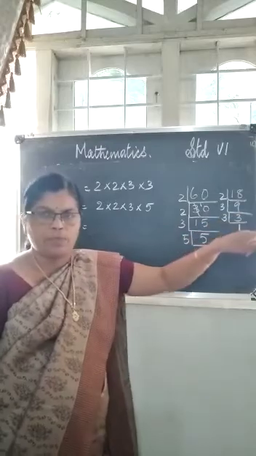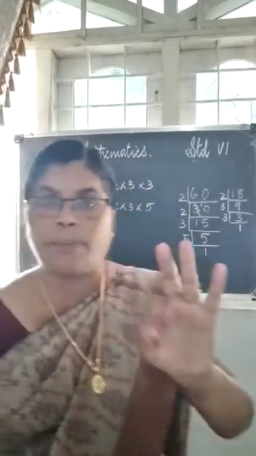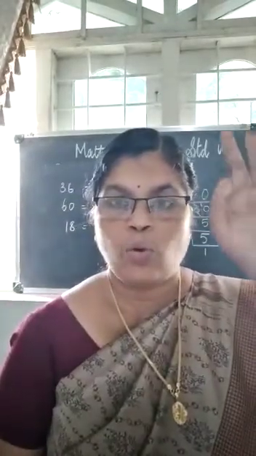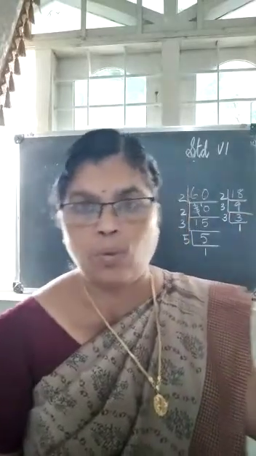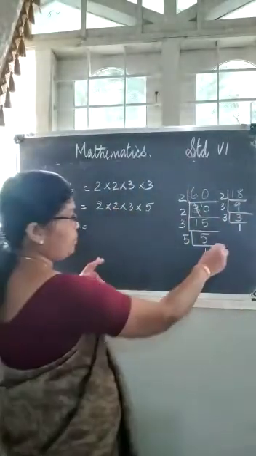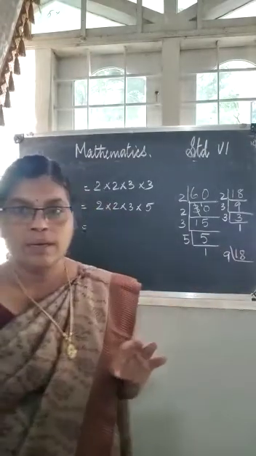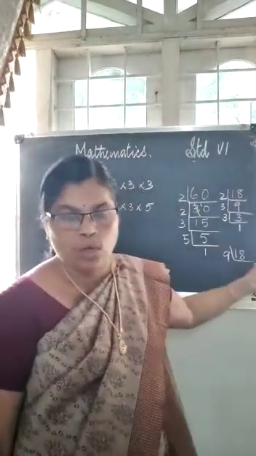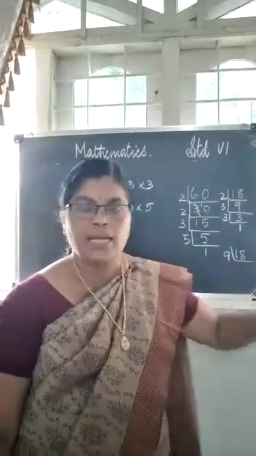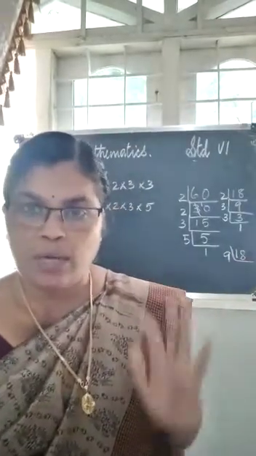So we have to select only the prime numbers. There will be so many numbers. 18 can be divided by 9, so we can take 9 as a factor. But in the prime factorization we will not take 9 because 9 is not a prime number. 9 is a composite number.